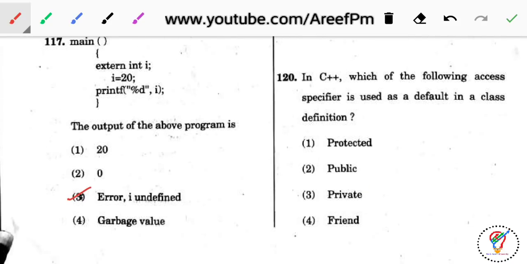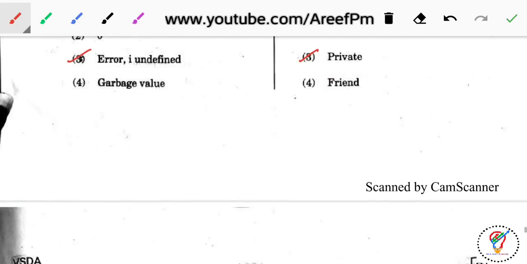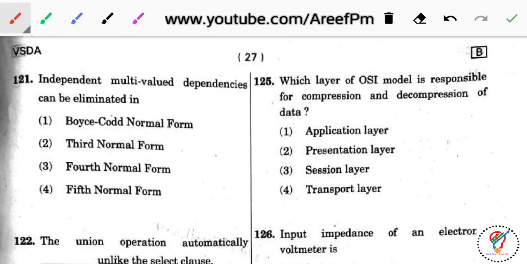In C++, which of the following access specifiers is used as default in a class definition? It is private. Now 121. Independent multi-valued dependencies can be eliminated in fourth normal form.